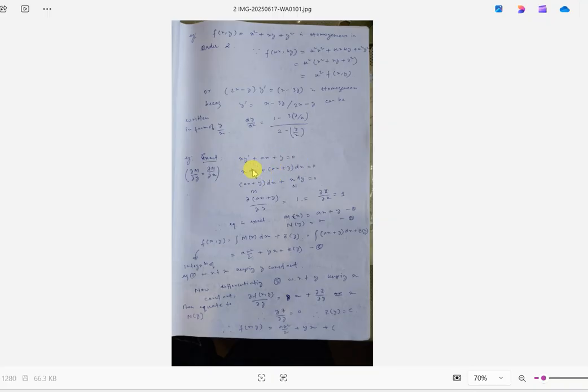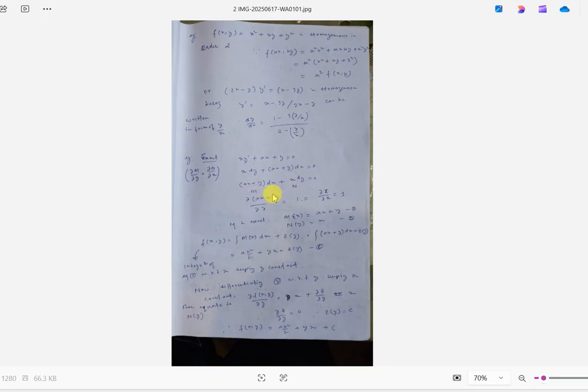Well, y dash means dy by dx, so it will be x dy plus (ax plus y) multiplied with dx is equal to 0. After that, the term ax plus y will be called M, and this term will be called N.